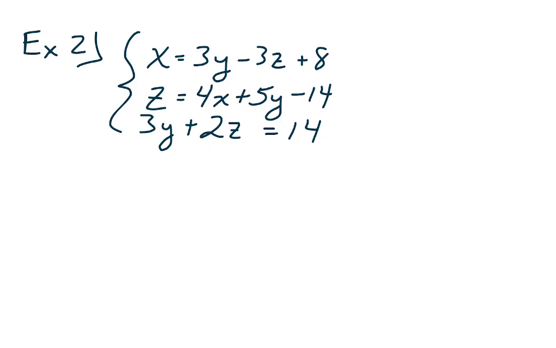All right, let's look at one more of these, so to speak, mega systems that have 3 variables. Now, this system, it may at first appear quite different, maybe even perhaps a little harder, but there's a reason that it's easier.